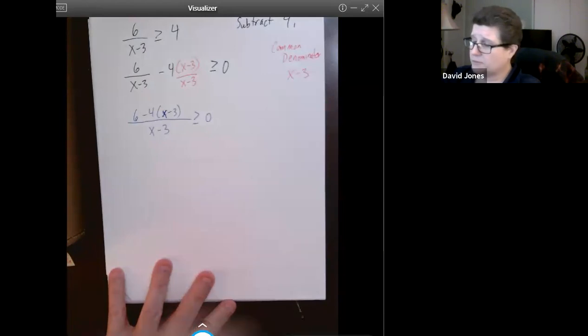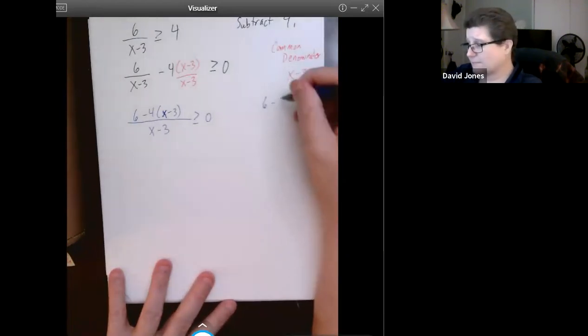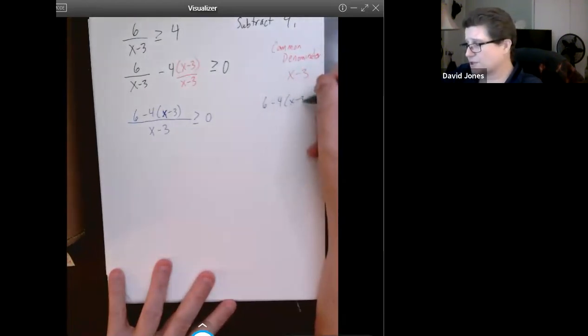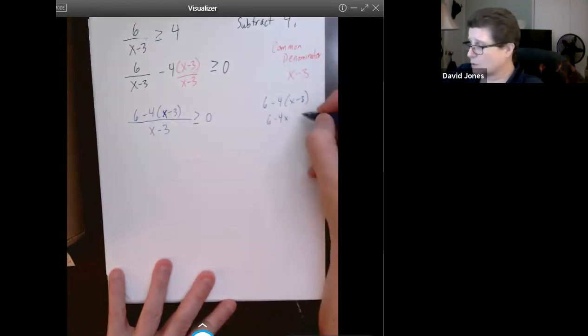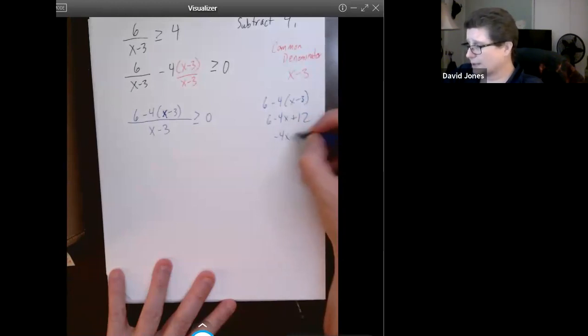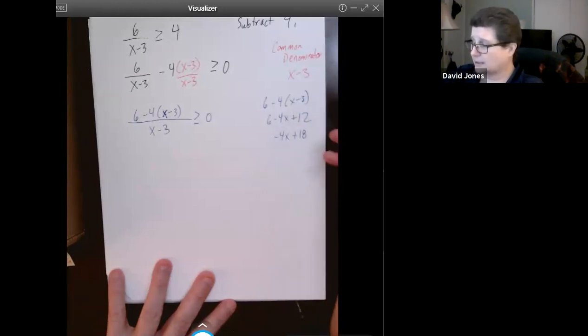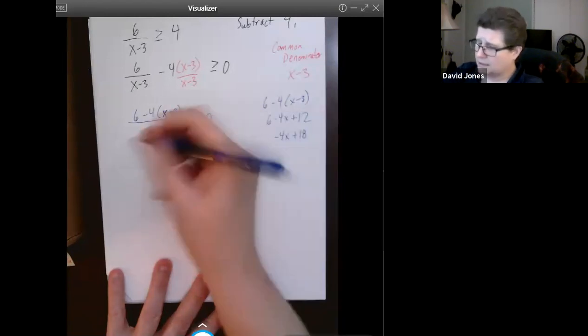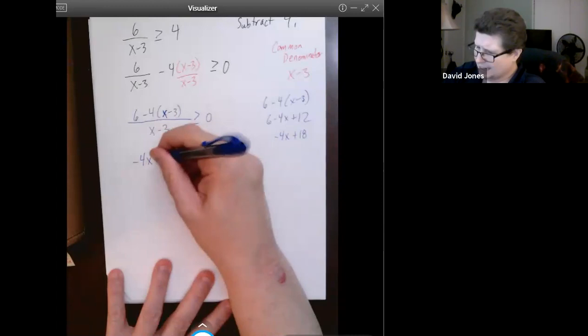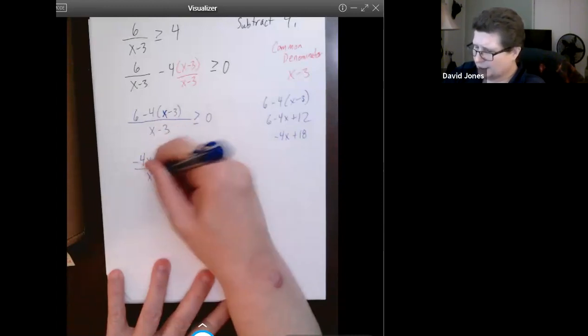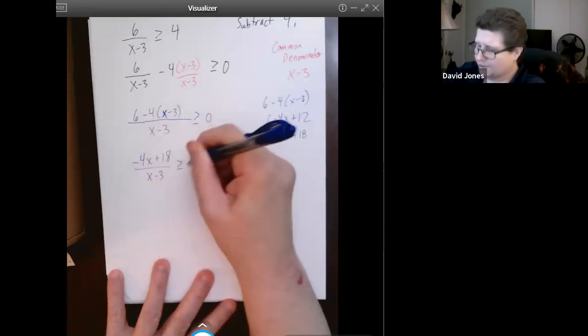If I distribute 6 minus 4 times x minus 3, I'm just going to do the work over here. That's 6 minus 4x plus 12, or negative 4x plus 18. So I've got negative 4x plus 18 on top, x minus 3 on bottom, greater than or equal to 0.